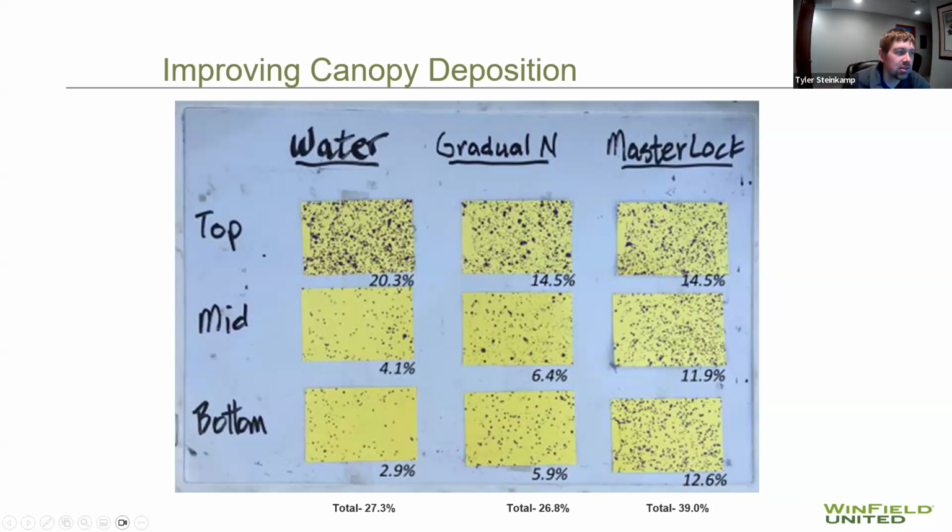So regardless of whether you want to use an SRN or slow release nitrogen type of product, you still need Master Lock in the tank. The other thing with Gradual N, those types of products, is they can be a nice little shot of nitrogen.